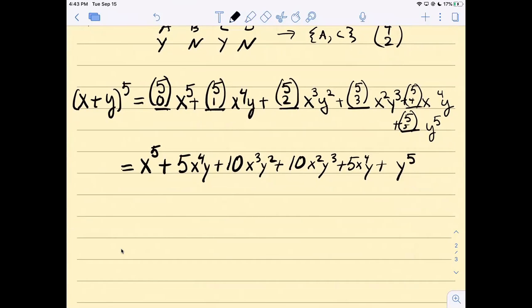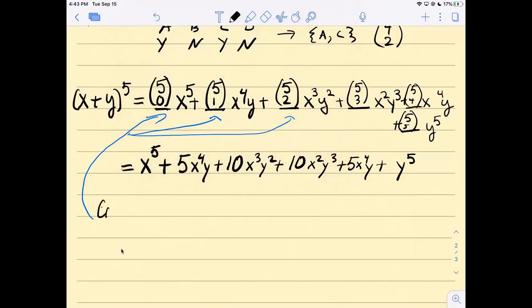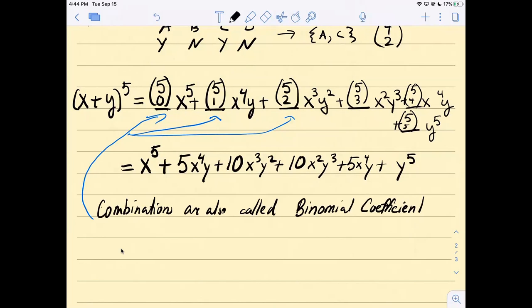These numbers, these combinations, are also called binomial coefficients.